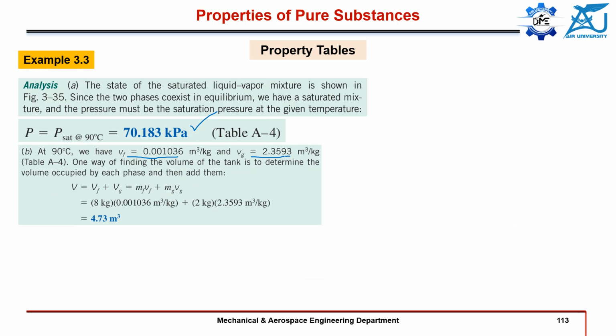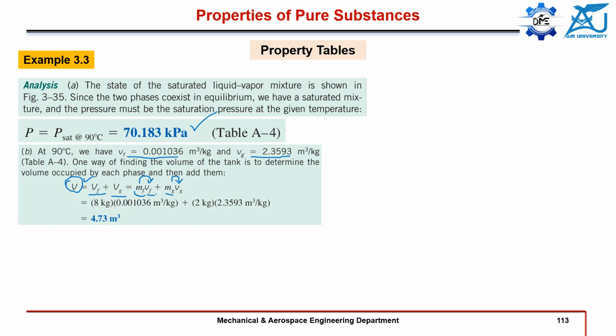Okay, but for this lecture we have this numerical, and we have the values, so we will utilize them. We need to find out the total volume of the cylinder, which will be equal to the volume of liquid plus the volume of gas, saturated liquid and saturated vapor. That will be mass of liquid times specific volume of the liquid plus mass of the vapor times specific volume of the vapor.